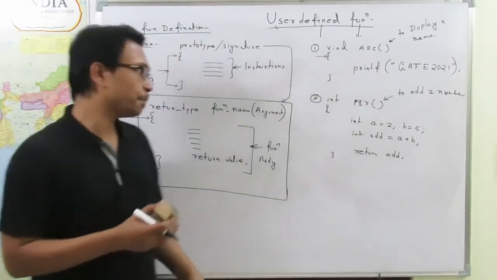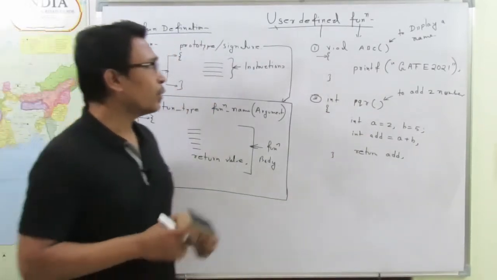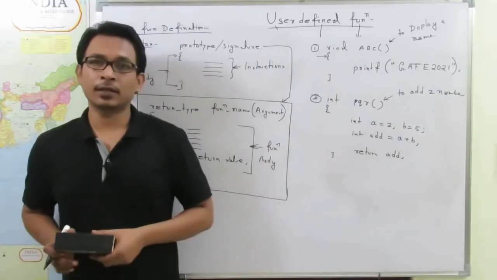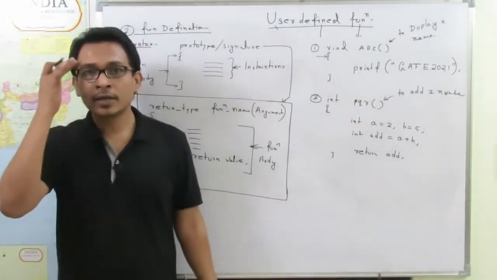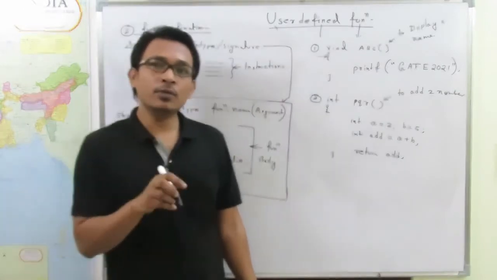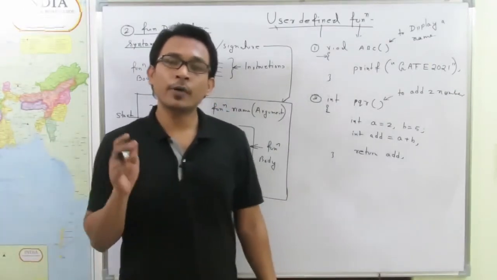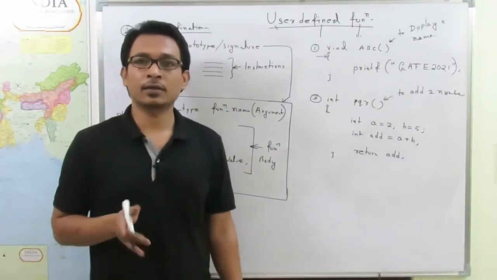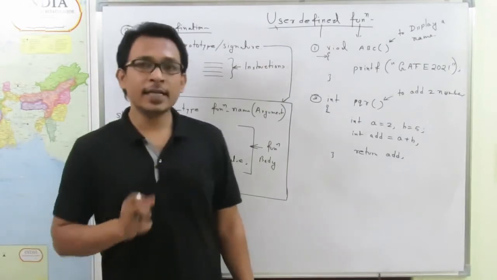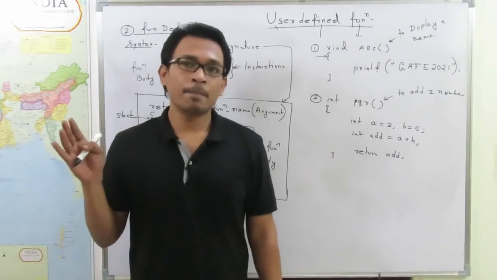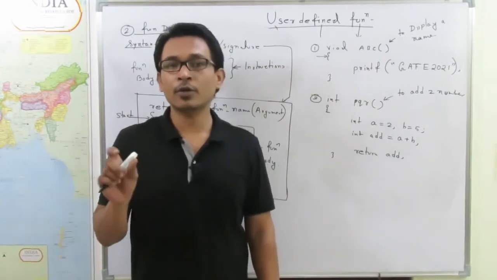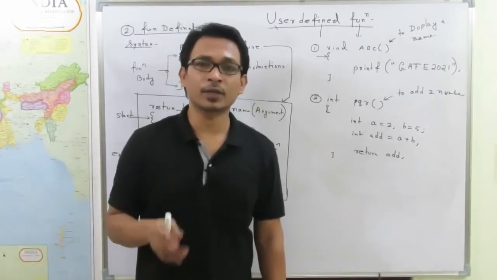Clear? So the next part: we already defined the function, we already introduced the function. The next part is we need to use the function. So where will we use the function? In general we are going to use the function from the main function. That means we use the function inside the main function. Why?